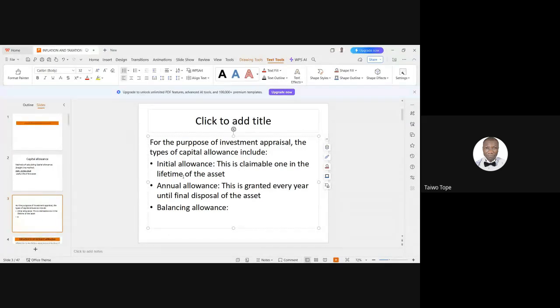This is an allowance that will arise when the tax written down value from the preceding year is higher than the sales proceeds at final disposal. How do you express tax written down value in short words? TWDV.